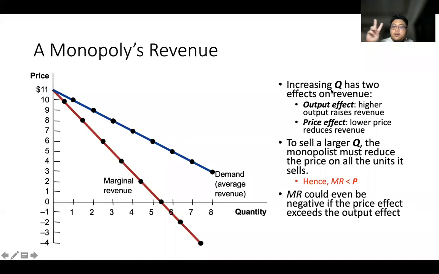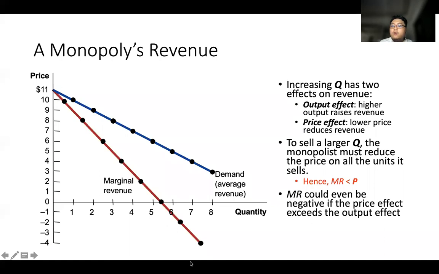So how is this so? Increasing quantity has two effects on revenue. Of course, the monopolist wants to increase output to get more, but we'll see the effects, right? First is the output effect. Higher output raises revenue. We know that, but there's a price effect. If you raise quantity, price decreases, and that lower price reduces revenue.